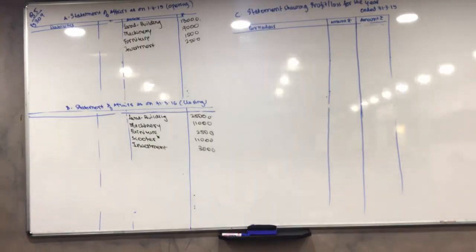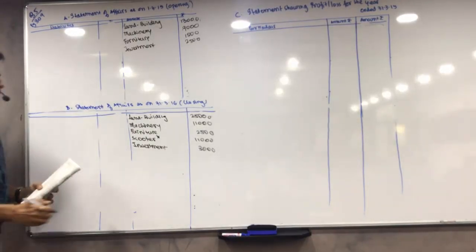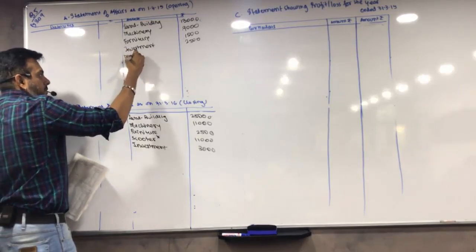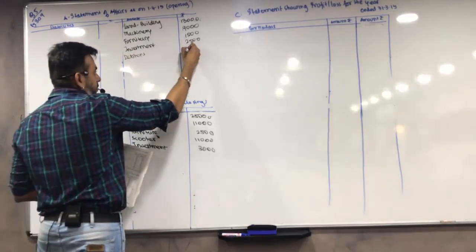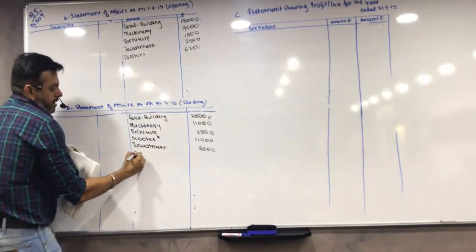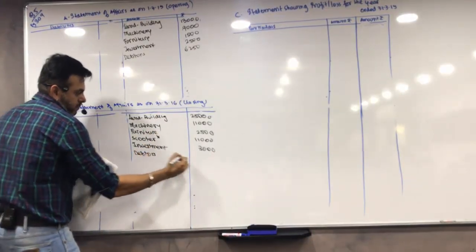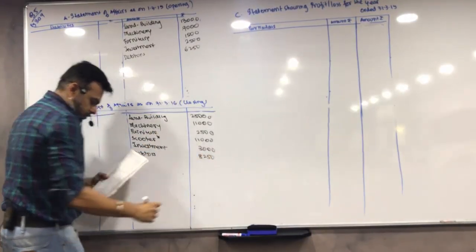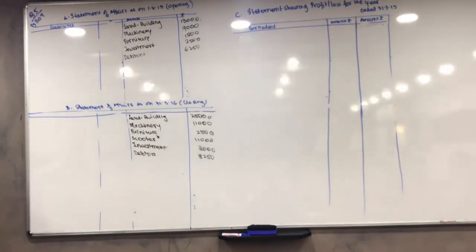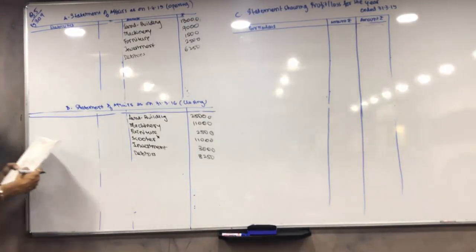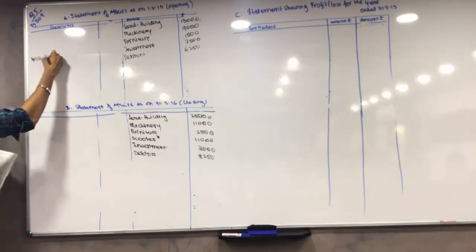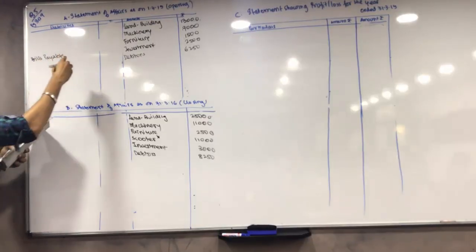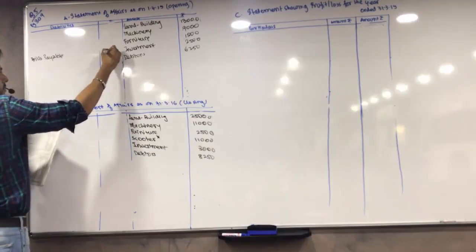Next, debtors, 6,250. Debtors, 8,250. Bills payable, liability, 600.